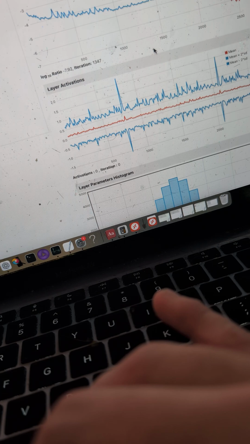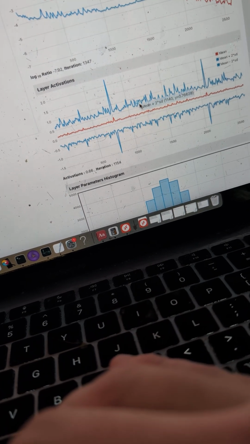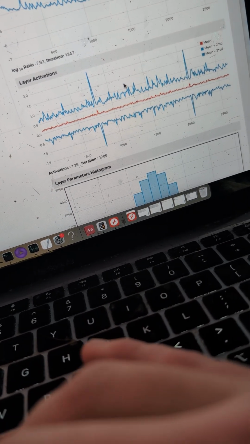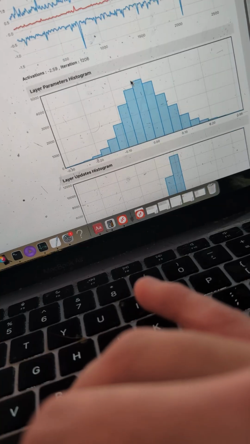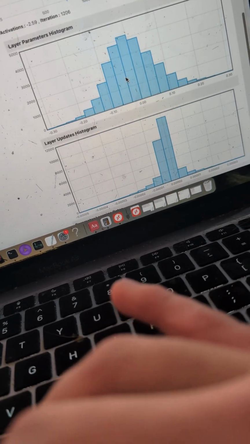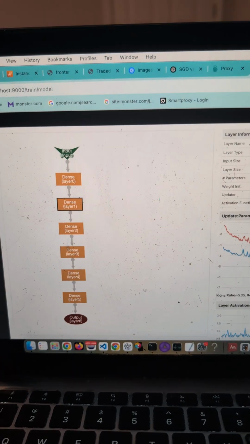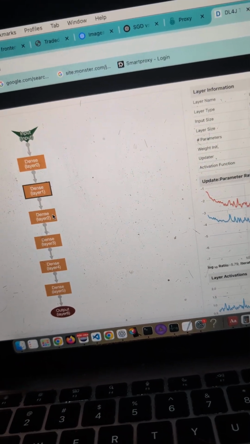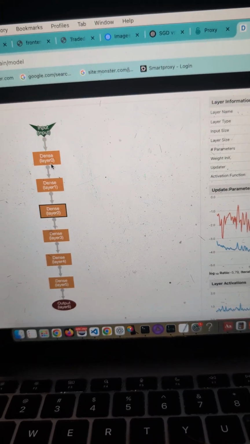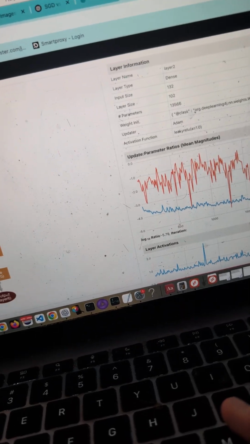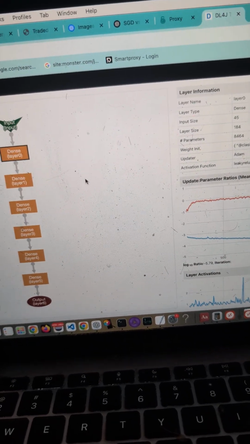We can see the layers' activation results on average, the layer parameter histogram, and the layer updates histogram. So there's a lot of insight that we can gain from this. Let's go through this whole network architecture. It randomly generates these neural networks.